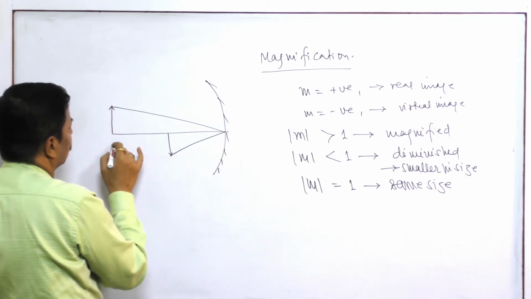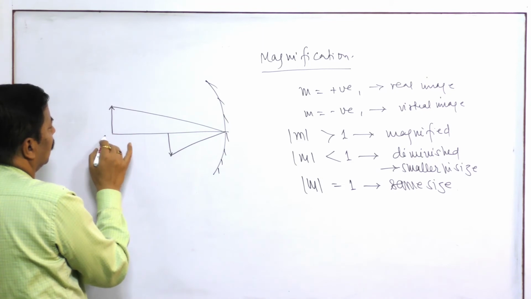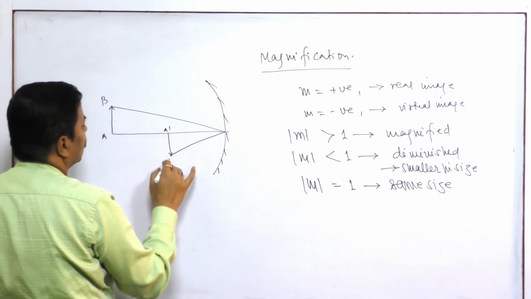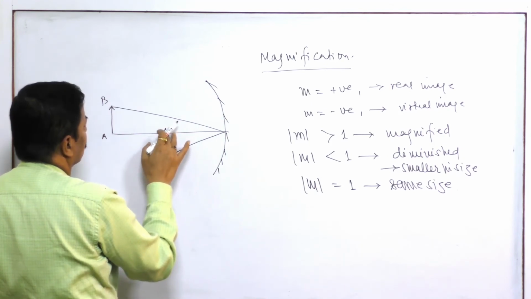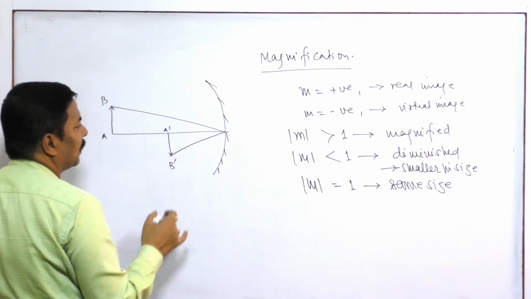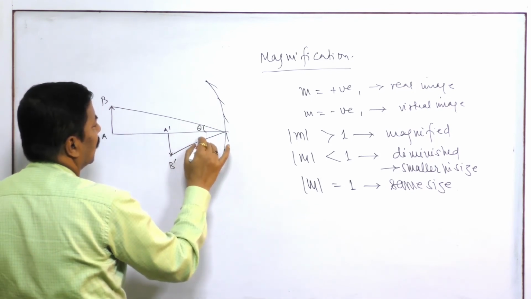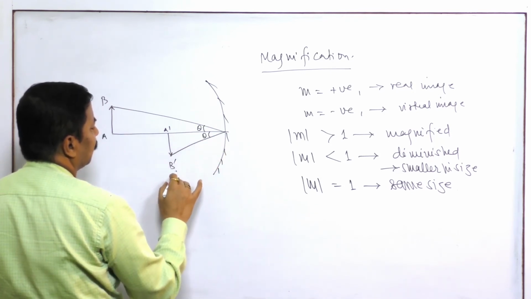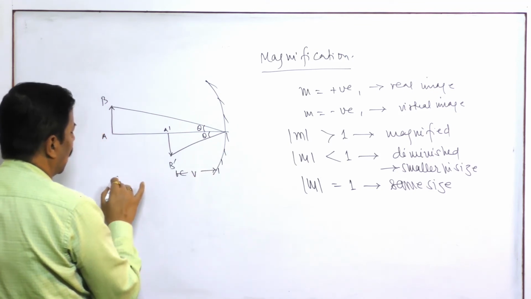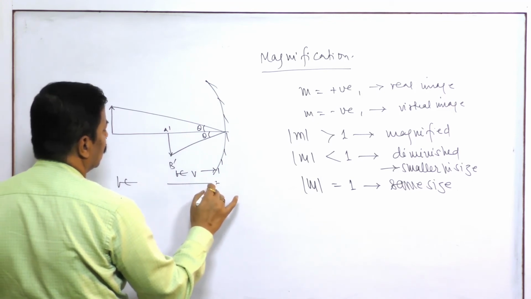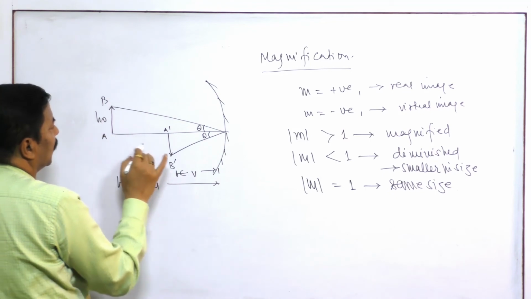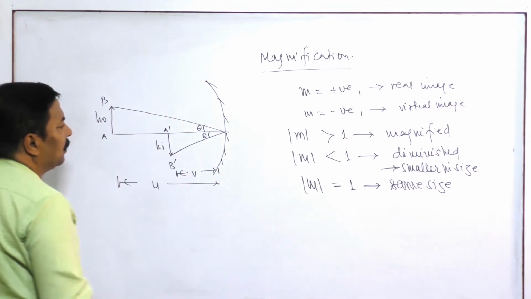Here is the image. The object is AB, and A'B' is the image. This angle is theta, then this angle is also theta. This is V and this is U. Height of object, height of image.